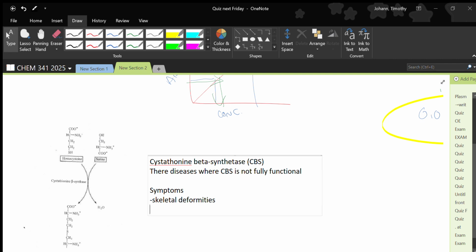We get problems with the lens of the eye. All right, we end up with intellectual disabilities. So we got problems with the brain, and then you actually end up with a 50% chance of a heart attack by age 30.